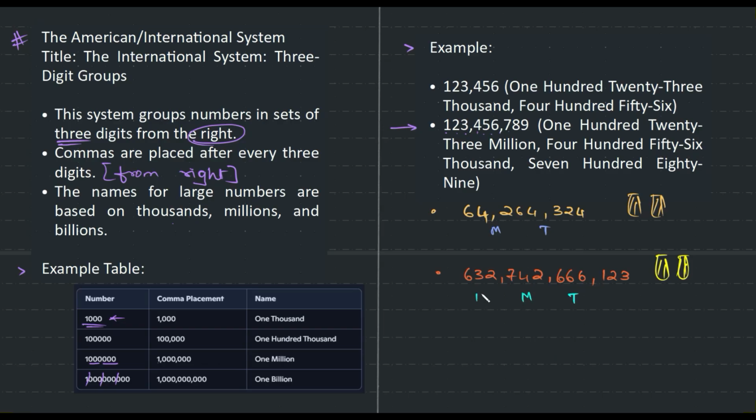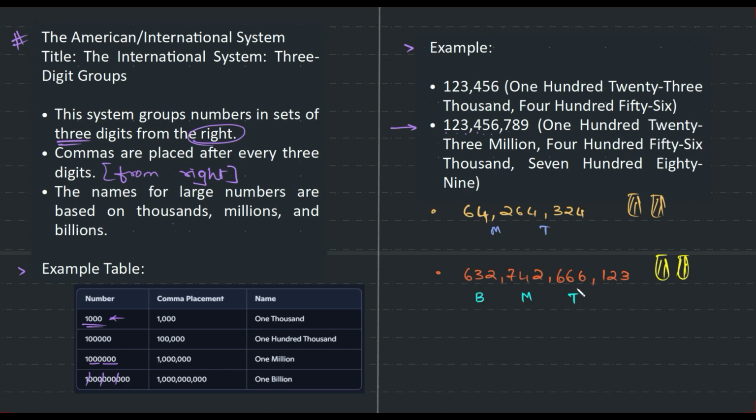And after that, billion. So 623 billion, 742 million, 666,123. Again, I'll repeat. 623 billion, 742 million, 666,123. As simple as that.